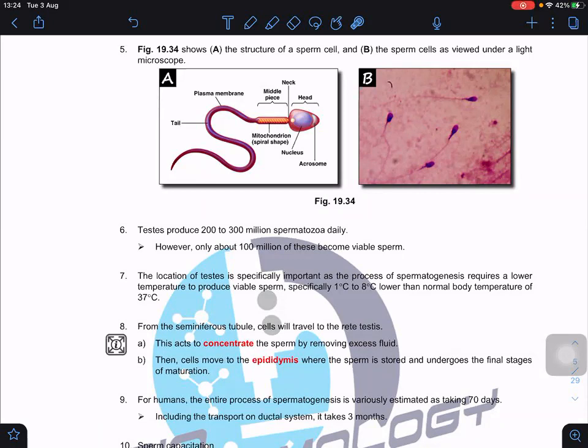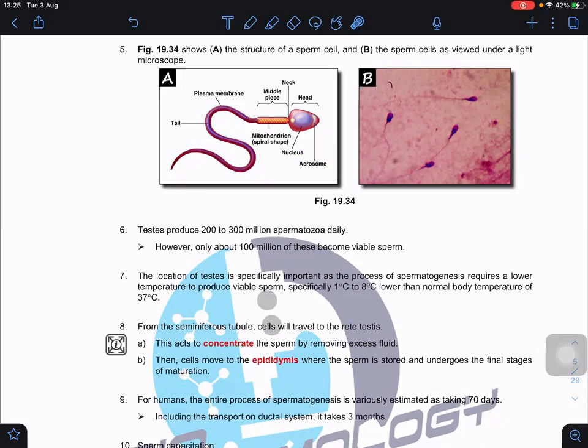Why? Because the head is the one that penetrates into the secondary oocyte and releases the nucleus, but not the middle piece. But current research actually showed that yes, it is possible for mitochondria from the sperm to enter into the secondary oocyte. One very important structure here is known as the acrosome.